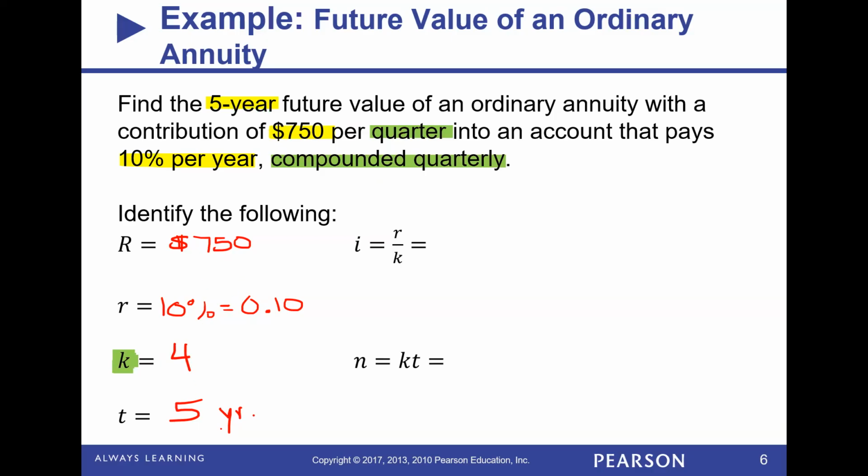Once you have these items written down, let's go ahead and make our I and N. Now, N, again, there's 4 quarters per year for 5 years, which means I'm going to have 20 different periods or payments to be made. Now, I is going to be R over K. R itself is going to be 0.10 and K is 4.